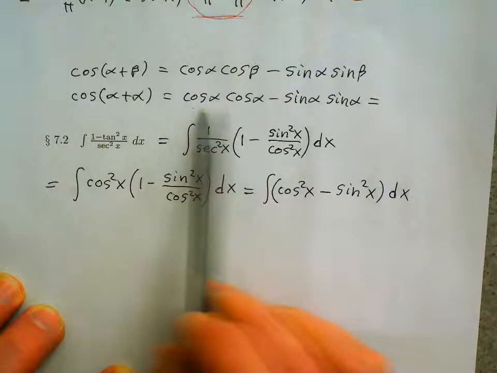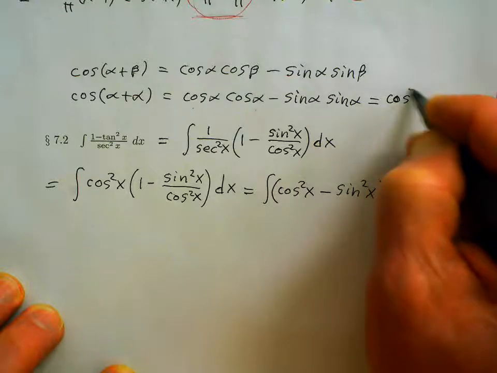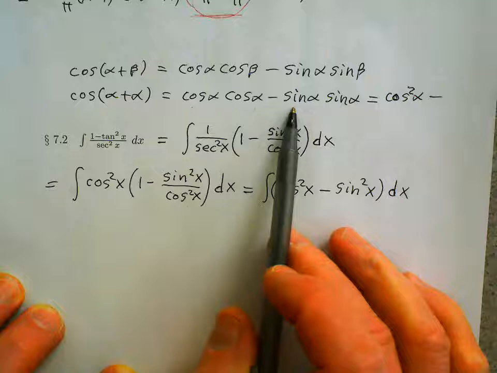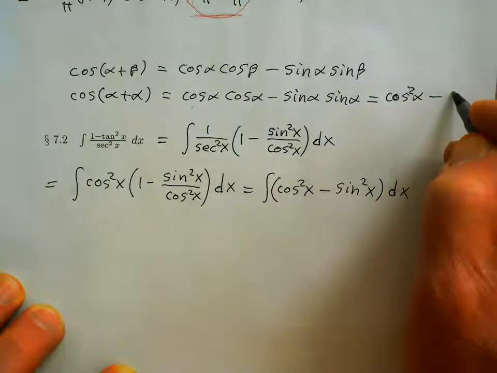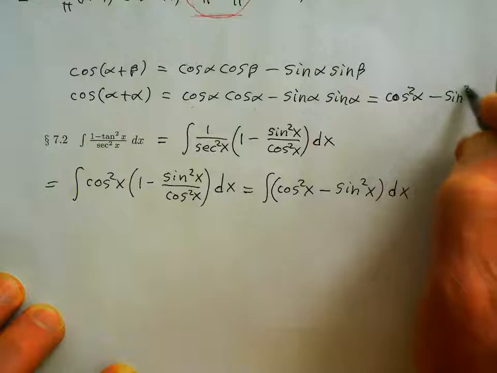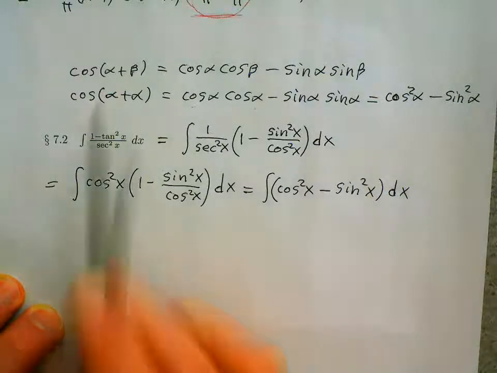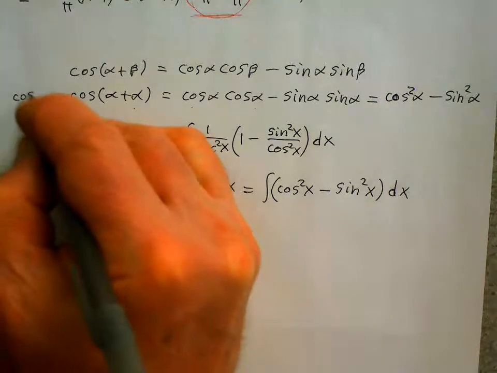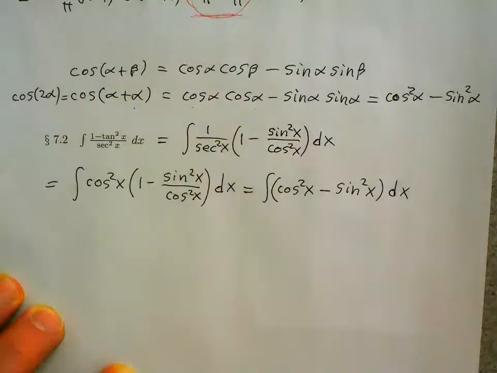But cosine of alpha times cosine of alpha is cosine squared of alpha, and from that, we're subtracting sine of alpha times sine of alpha, which is minus sine squared of alpha. Cosine of alpha plus alpha is just cosine of 2 alpha. So do you see what I'm doing here?